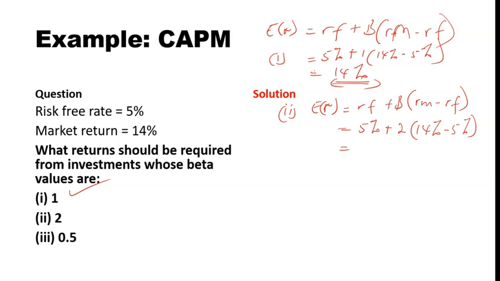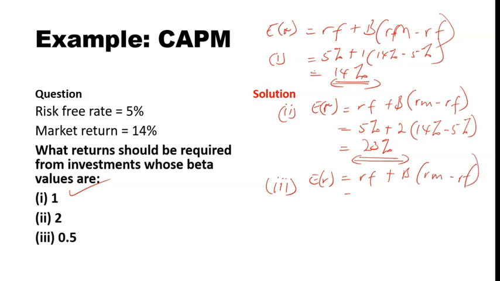In this case, we get 23%. Then for item 3, ER is equal to RF plus beta times RM minus RF.